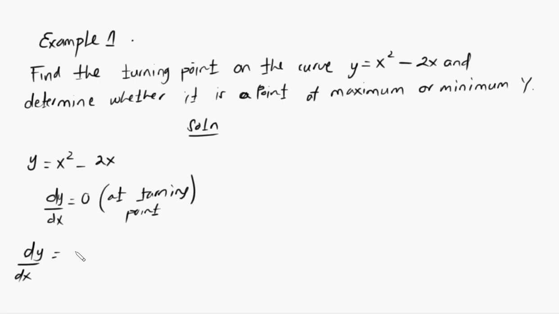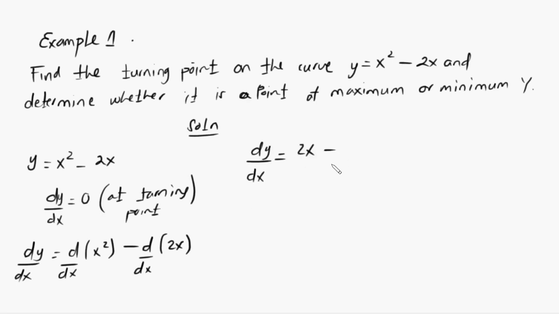So dy dx, remember we have studied this derivative of polynomial functions a lot. Okay, I'm just going to be very quick. Dy dx, so if I differentiate x squared I just get 2x. If I differentiate 2x I get 2. This is my dy dx. So at the turning point dy dx is 0.